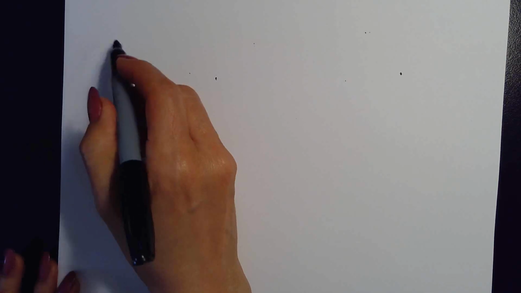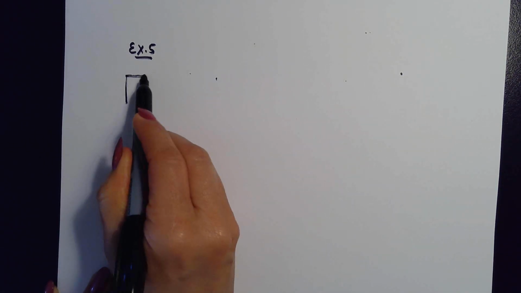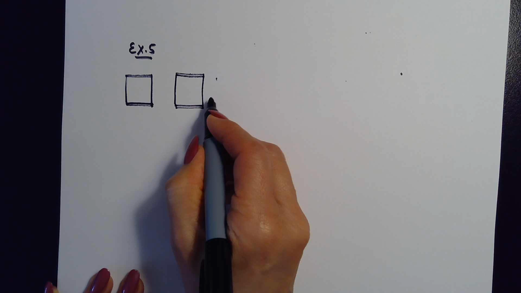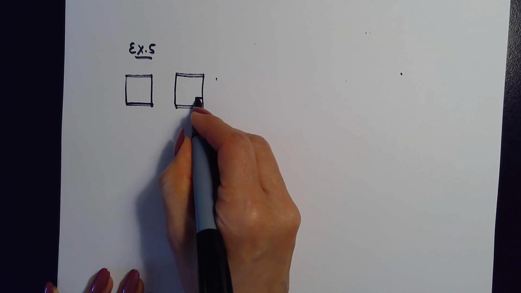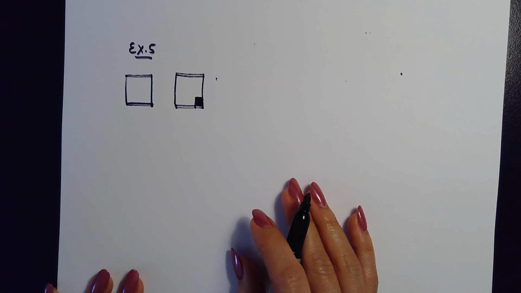Okay, let's move on to example 5. Let's look at example 5 and see if we can determine the pattern here. Notice that you have a box that is not shaded. Then you have another box that has a small box shaded right at the bottom on the right side.